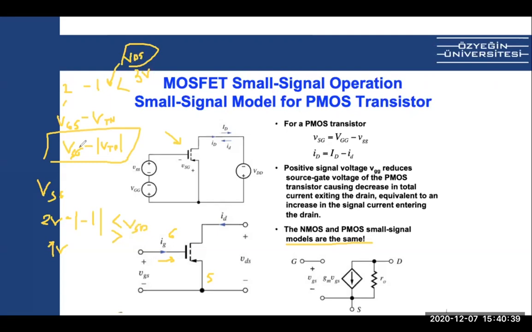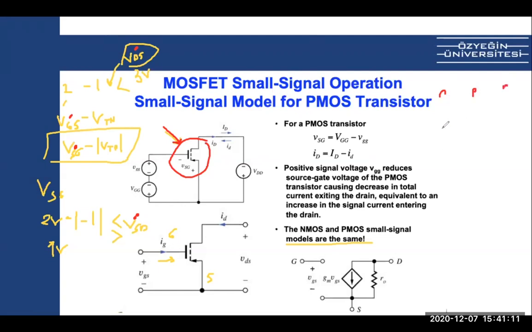Basically, these polarities are getting reversed. Instead of VGS, you are looking at VSG. Instead of VDS, you are looking at VSD, okay? I won't be asking this in the exam either, and I'm expecting you to learn it yourself, how PMOS devices work, similar to the NMOS, but in the NMOS it was NPN, right?